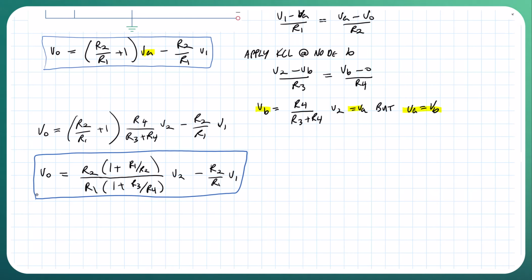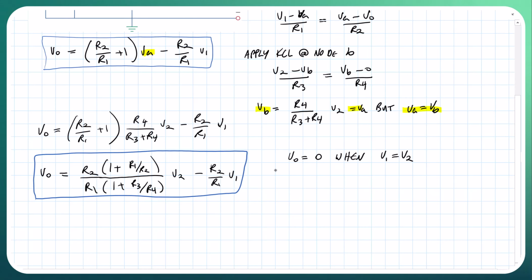Okay. As we mentioned, since this difference amplifier has to reject the common signal to the two inputs, this amplifier must have the property that V naught equals 0 when V1 equals V2. Let me write this down.